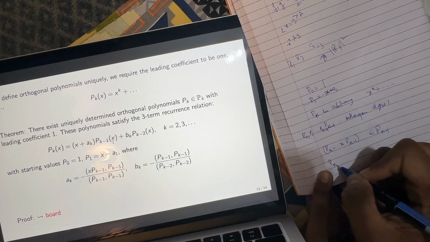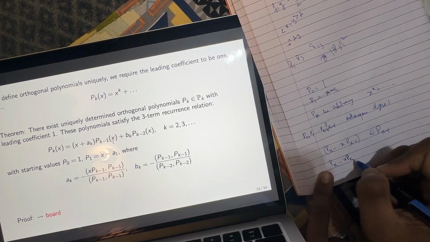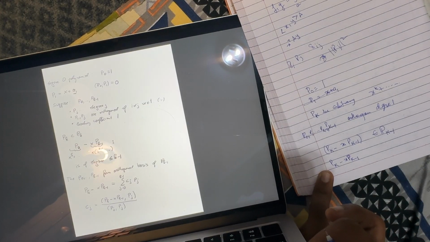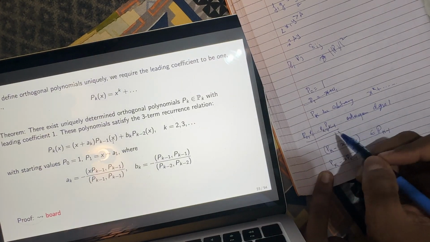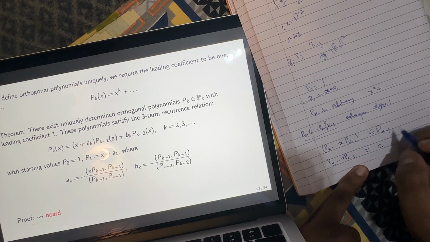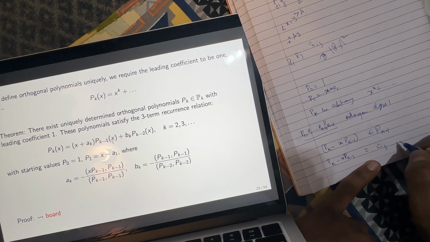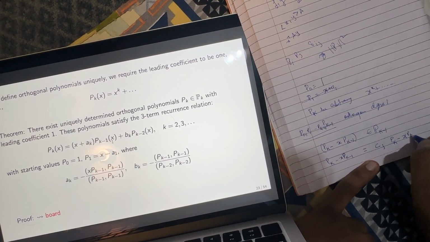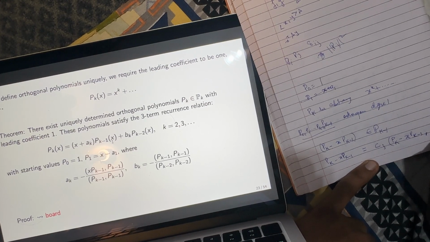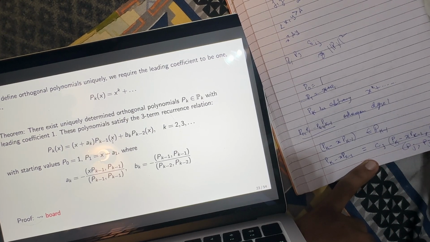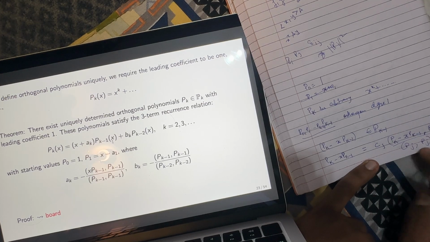Because it is assumed that these form an orthogonal basis, this equals some sum of Cj times Pj, where Cj is the projection of Pk minus x Pk minus 1 on Pj, divided by the norm of Pj, times Pj.